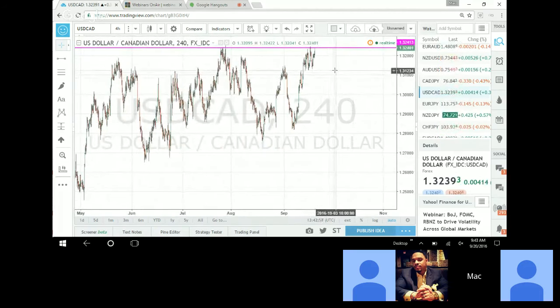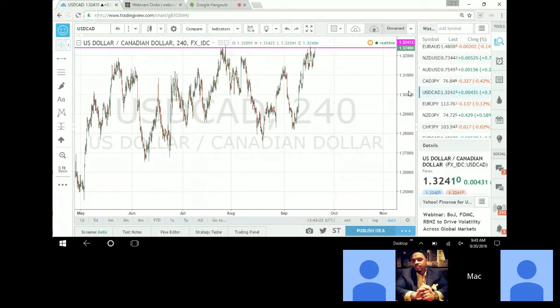What's this right here? 31.23. Let's see if price comes back down in this area after rejecting this. If it does, then we may be looking to jump in another USD CAD sell. I do not want to get in right now. It's sitting right at resistance, and it hit resistance so many times that I'm thinking it might break.